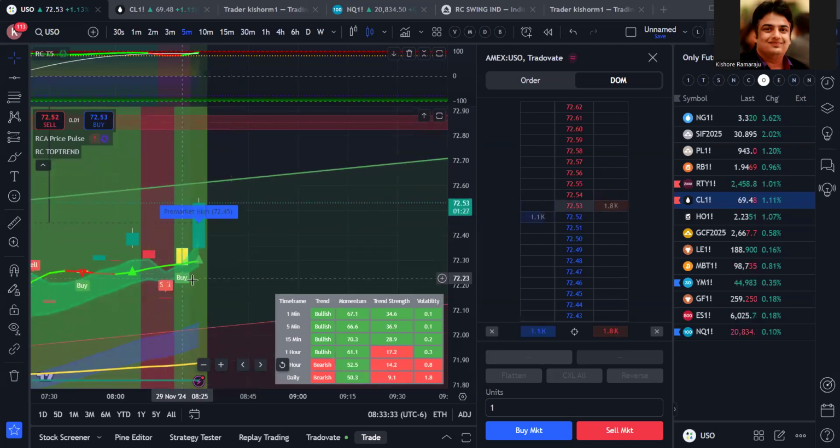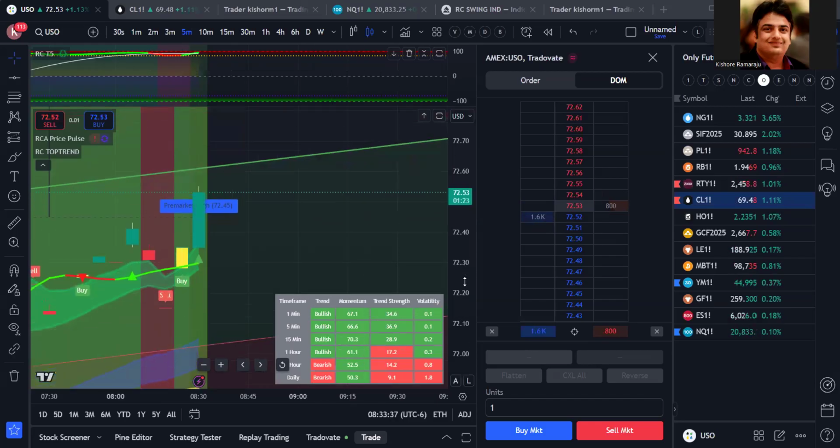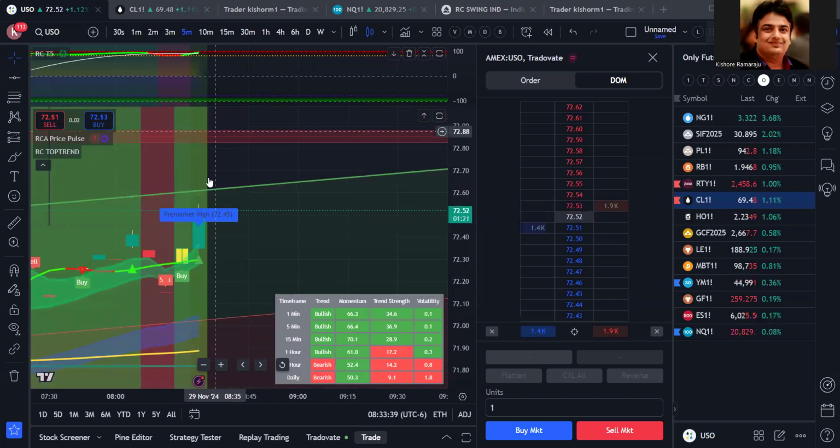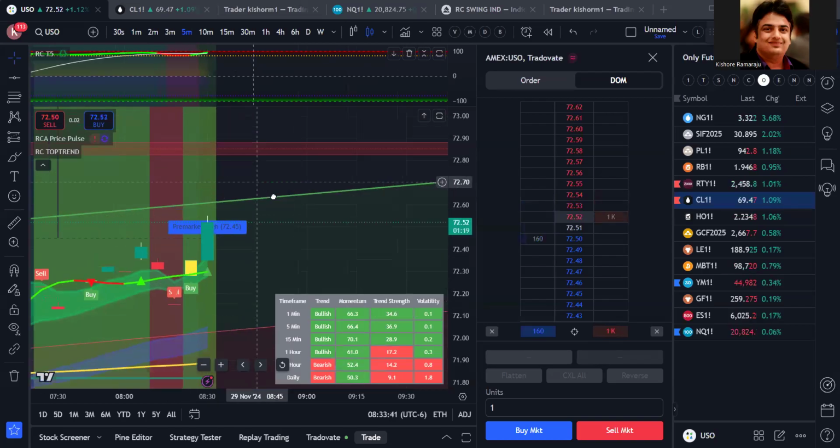So USO is the corresponding ETF for crude oil. So generally, if crude oil is bullish, USO can move up.